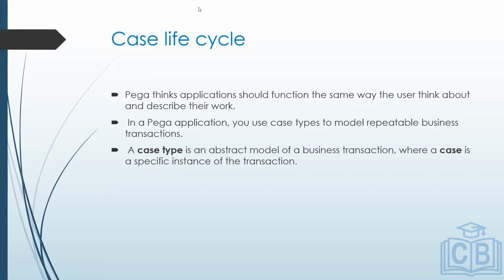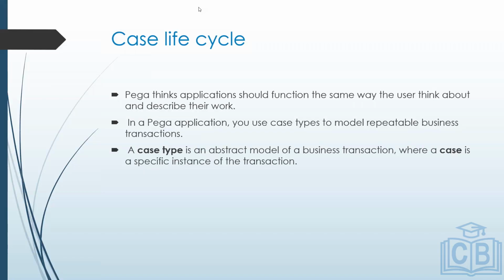A business transaction, we call it a case type, which represents what that transaction is all about, or how the transaction proceeds will be defined in the case life cycle. And when I call something a case life cycle, or a business transaction, it needs to have a clear starting point and a definite endpoint.